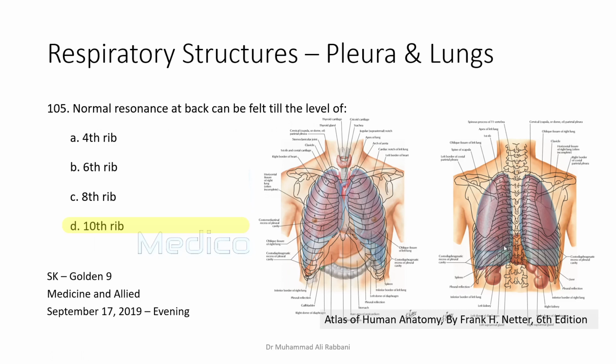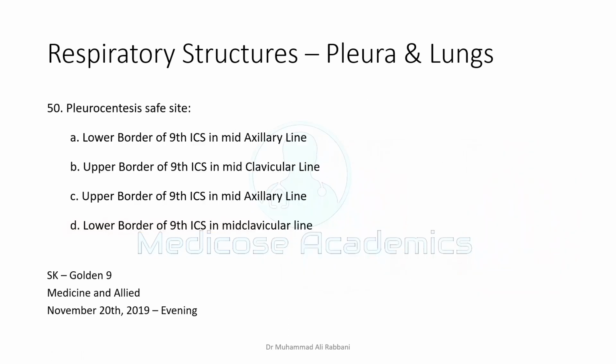So these are the lower margins till where resonance will be found on percussion. If you percuss, you will go up to the level of the 10th rib where you can find the resonant sound. So this is asked another way. It's a very clever question, and if you had that idea, let me go back to that.